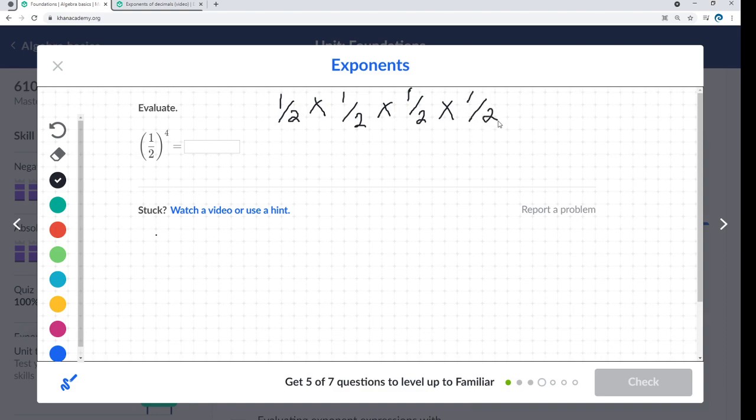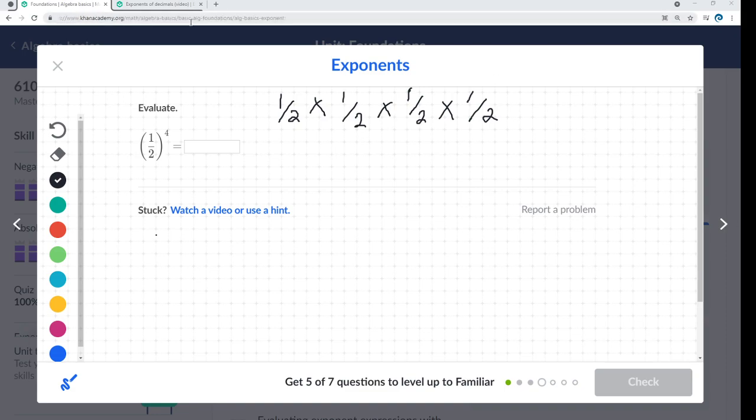You're saying that I can just multiply the denominators, and then that will give me, so 2 times 2 is 4, times 2 is 8, times 2 is 16.